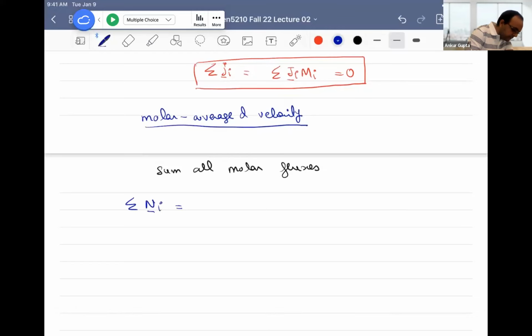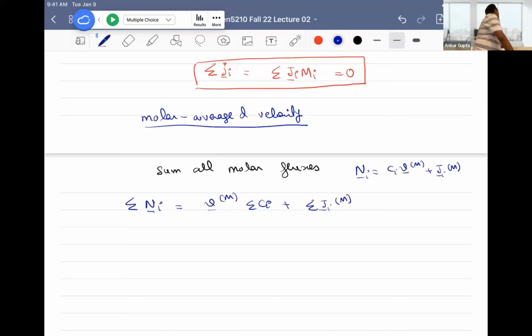I'm just doing the same equation, so I'll write the equation here for you: the summation of Ni equals the summation of Ci times VM plus the summation of capital Gi of M. Note that when I have said my molar velocity is there, then the summation of the molar diffusive fluxes will be zero. So by definition, this would be 0. Does it make sense?